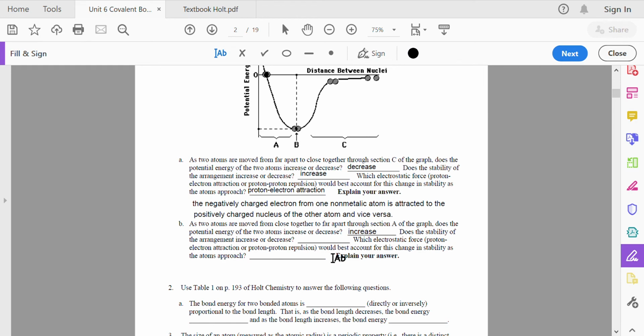The nuclei of the two atoms are so close together that they're repelling each other. Does the stability increase or decrease? It decreases because they're just too close together. Which electrostatic force? In this case, it would be proton-proton repulsion.